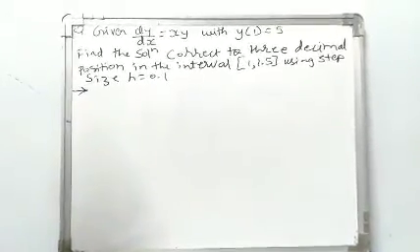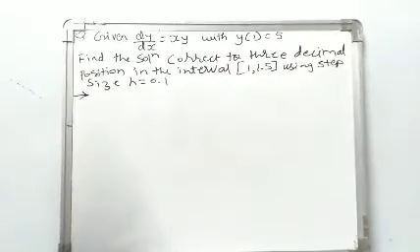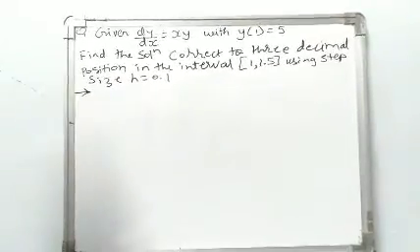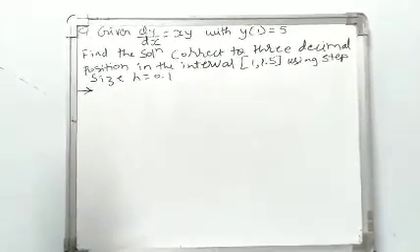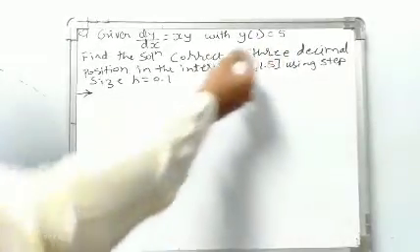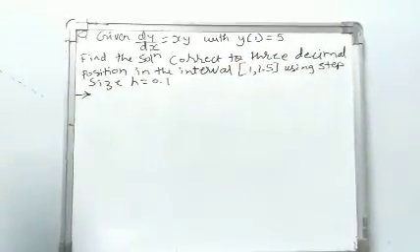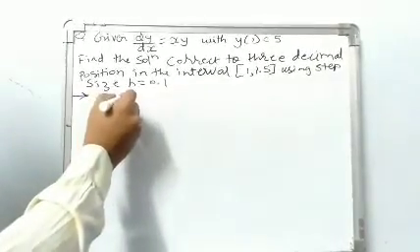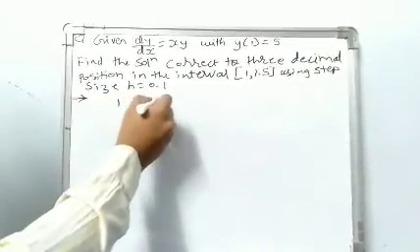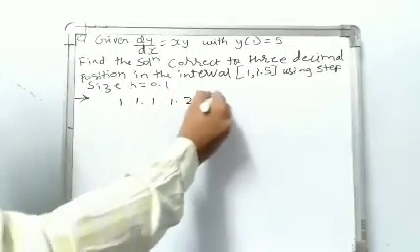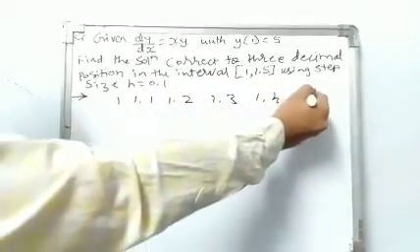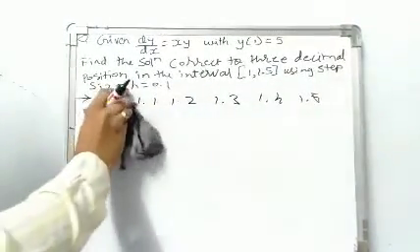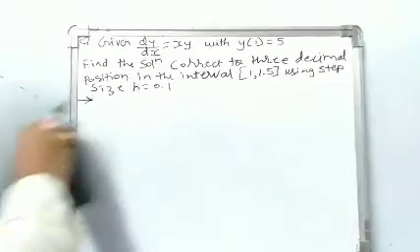Find the solution correct to 3 decimal places in the interval 1 to 1.5 using step size h equals 0.1. So we have to go from 1 to 1.5, moving by the step size from 1 to 1.1, 1.2, 1.3, 1.4 and 1.5. So we need to move up till that. Let us see first how to solve this.